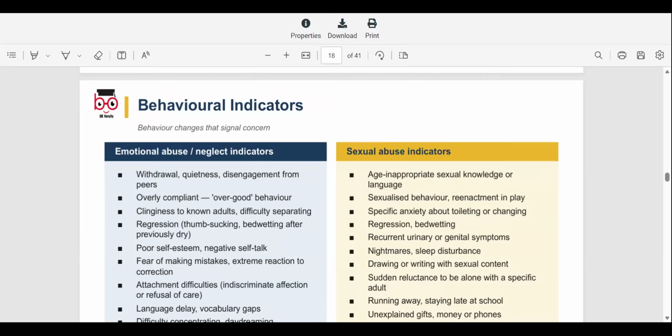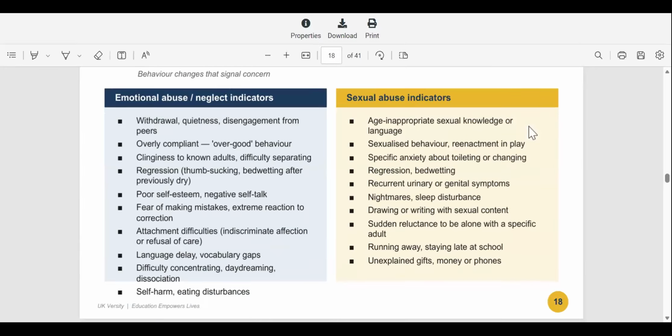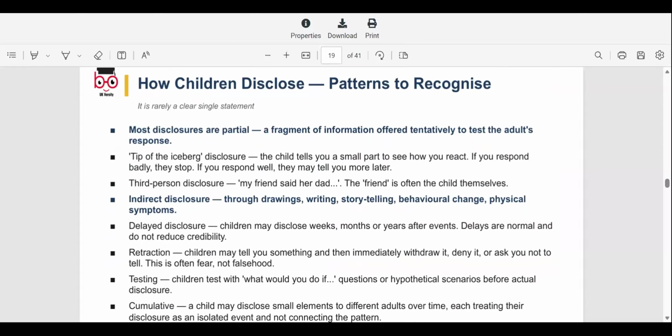Then you've got sexual abuse indicators as well, which are things like the child using inappropriate sexual language, a poor environment, specific anxiety, bedwetting, weight loss, any sort of medical issues, drawing, so there are elements of that that affect the child.